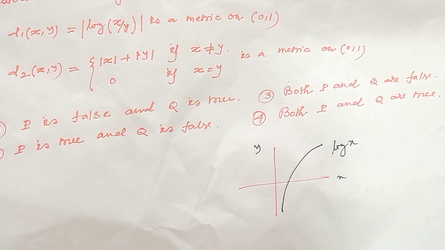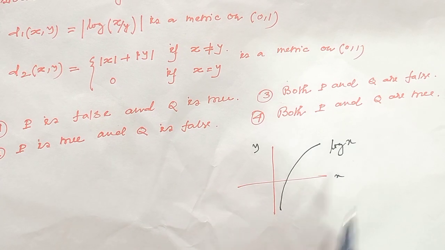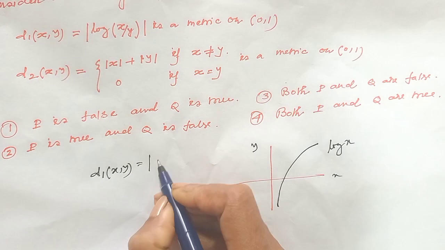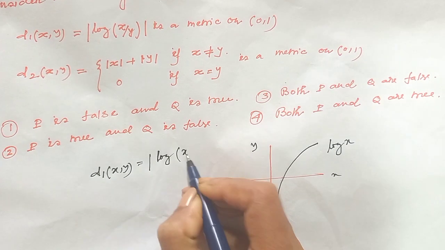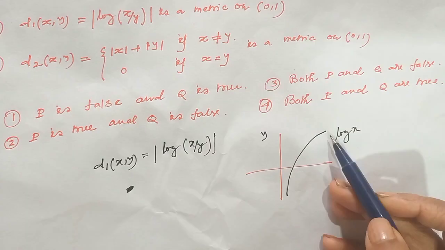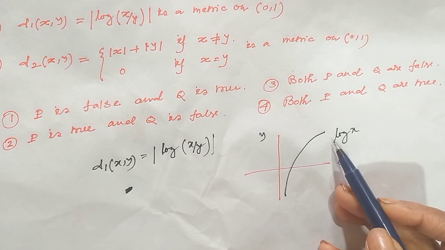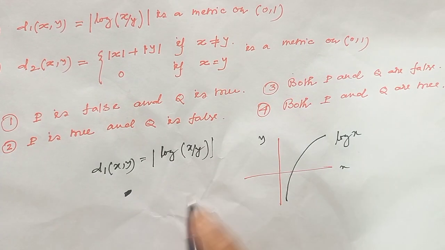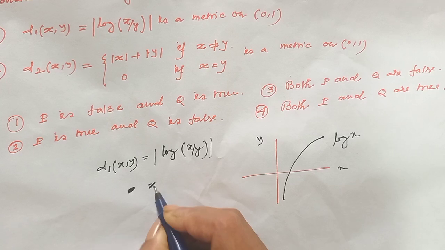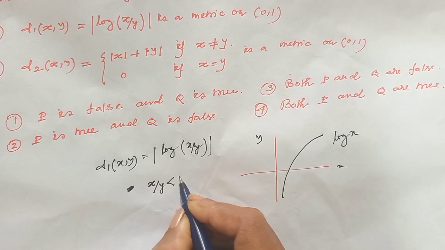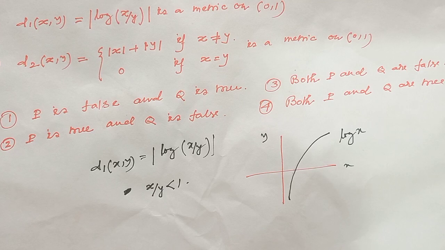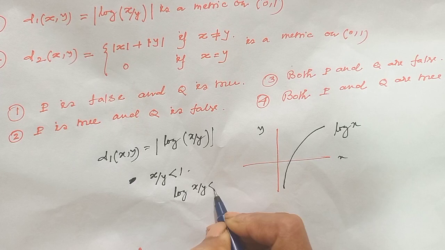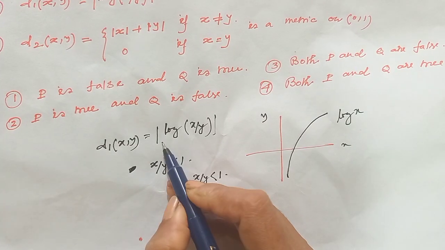For this, notice this is the graph of log x. Here d1(x,y) = the absolute value of log(x/y). Notice the log function is defined on the open interval (0,1). So this is obviously defined, and when the value of x/y is less than 1, that obviously implies log(x/y) is less than 1, but here we have the absolute value.